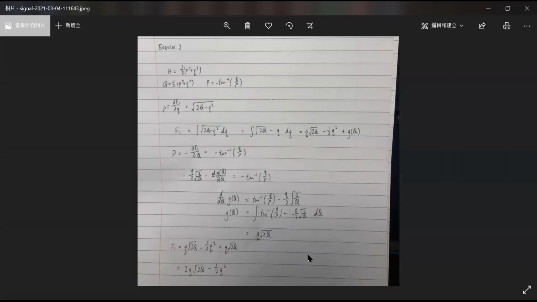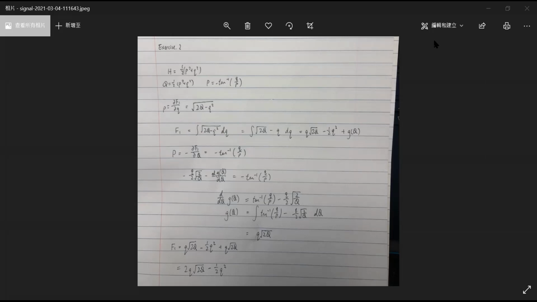Am I correct? But I think someone in chat was saying that my integration part has some problem. Which part? The g of Q or f1? I think the f1 expression from the integration is correct, but somehow you get some mistakes, maybe in the g of Q integration. Maybe. Can anyone help?